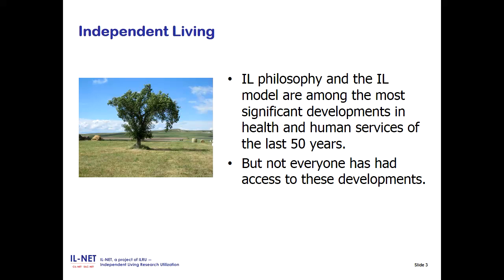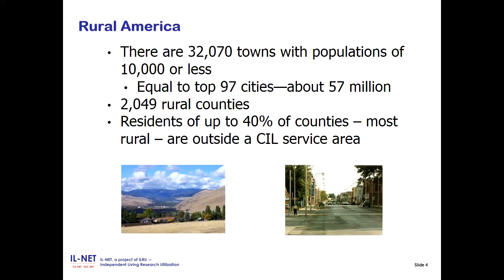Next slide, please. Two pictures in this one. One is a small town in a mountain valley, and the other is a picture of a small town in eastern Montana. I picked these pictures because rural America is a diverse and changing place. Few people think about it, but there are over 32,000 towns with populations of 10,000 or less in the United States.